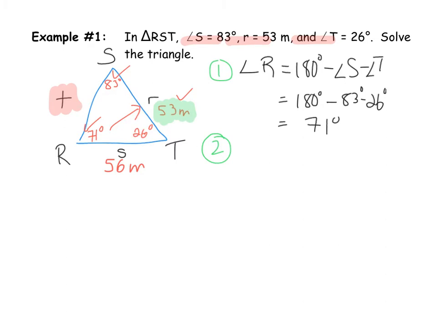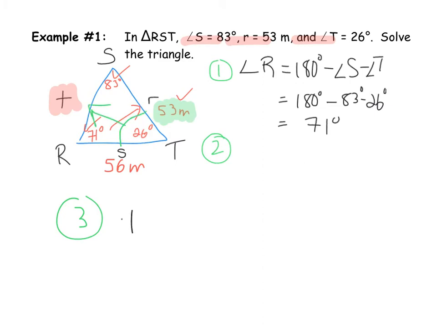And if you're not quite ready for that, feel free to stick around and I will solve it with you. So remember that the law of sines, I'm going to call this step number 3. The law of sines works with angles and their opposite sides. So if I want to solve for side little t, I need to have angle t as part of my setup.